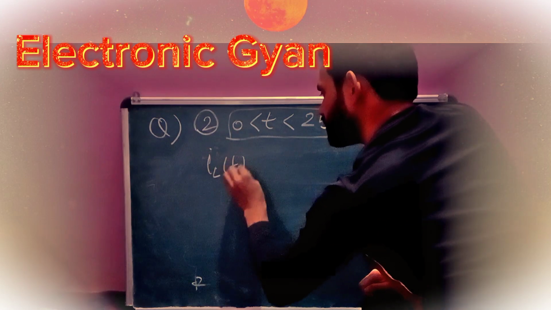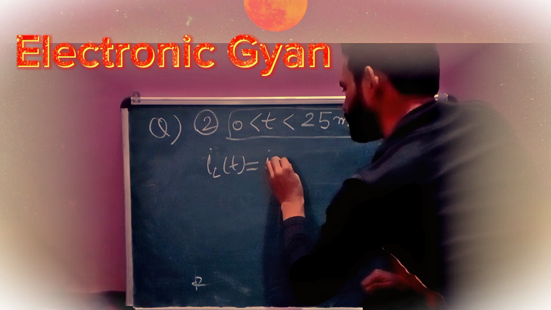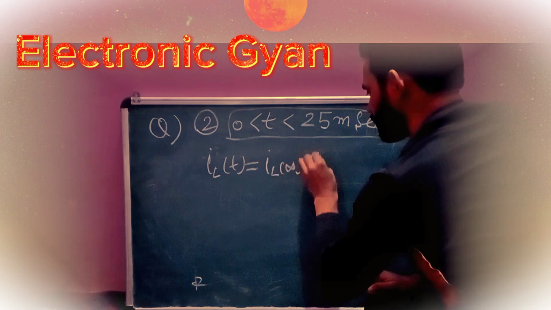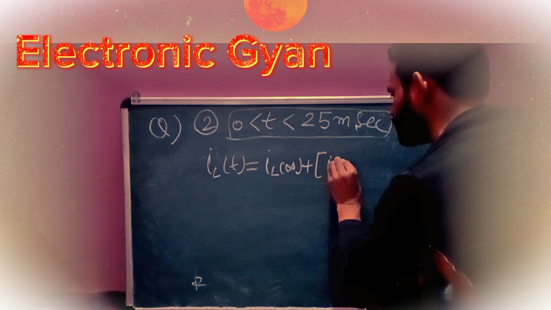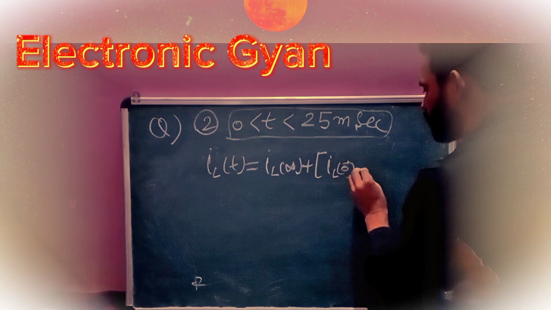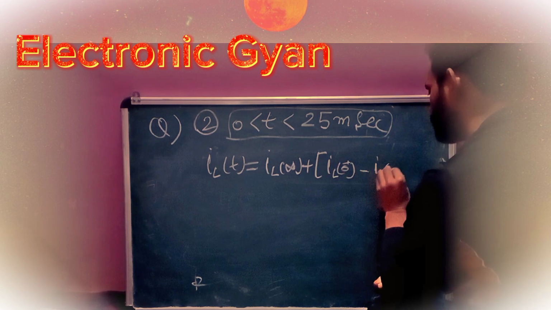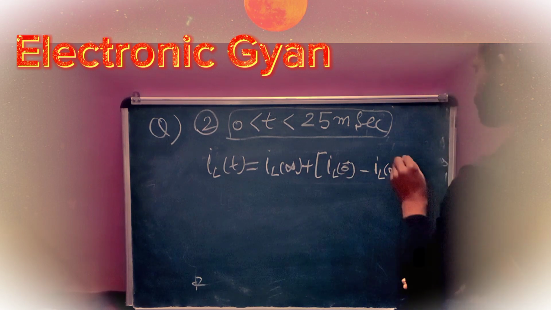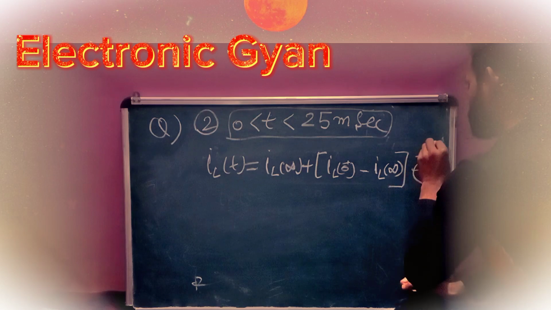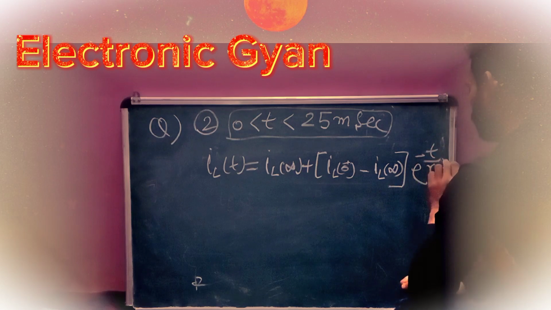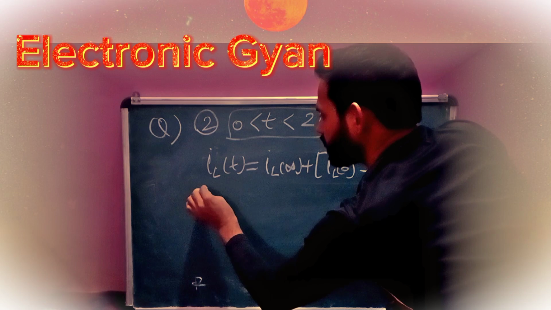IL of t is equal to IL of infinity plus IL of 0 positive minus IL of infinity, into e to the power minus t by tau. Now put all the values that we have obtained.